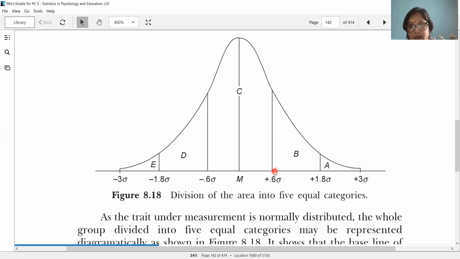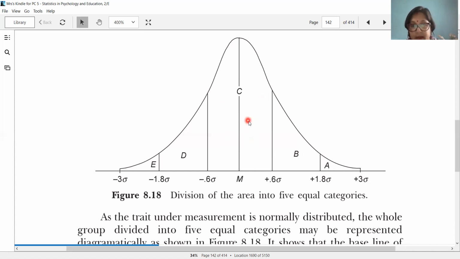Similarly, we need to subtract the percentage of cases for 0.6 sigma from that for 1.8 sigma, so we can get the percentage of cases, or number of students or individuals, lying in group B. Similarly, when we try to find the percentage of cases lying in this area, we need to add both sides, which was 22.57.